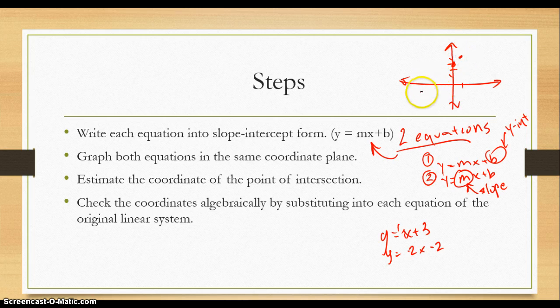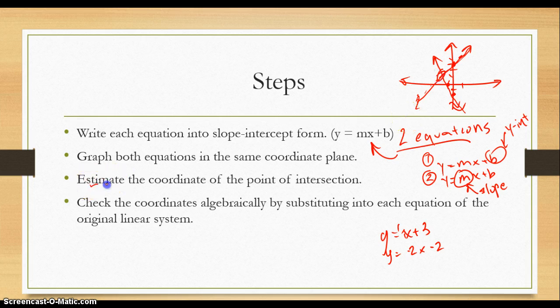So I know in my mind that this line, which is a solid line, is going to be going in this direction. This is just a rough thing. We'll see an example in a second. But the second one starts at negative 2, and it's a decreasing line, so I go down 2 over 1. I know that somewhere in quadrant 2, these two should cross each other.